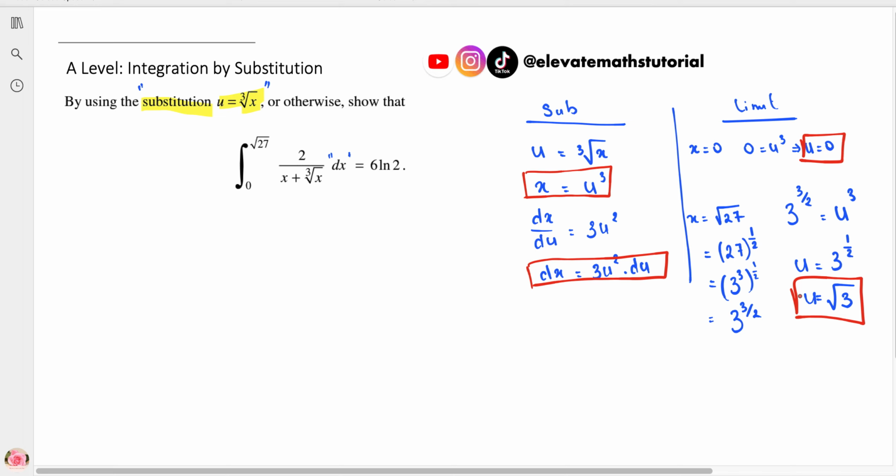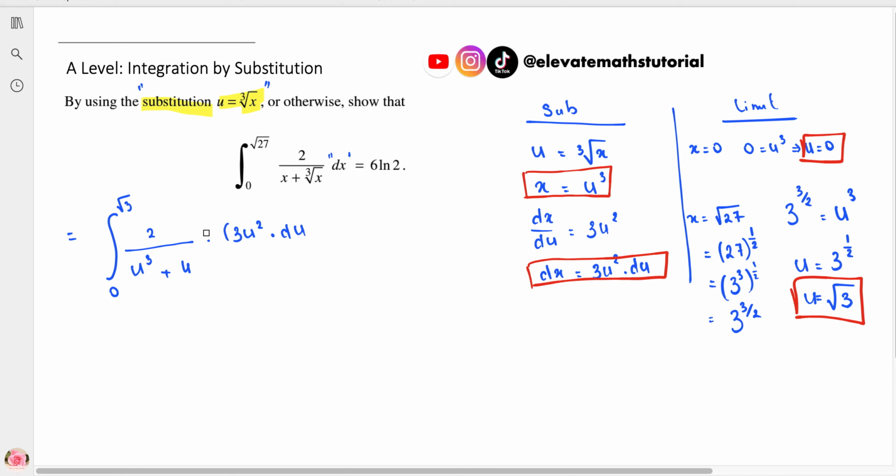So now we've got the substitutions that we need and we've converted the limits. Let's integrate it. The integral here then becomes, the limits are 0 to root 3, 2 over, so x would become u cubed, plus cube root of x is going to be cube root of u cubed, that's just u, and then dx will become 3u squared du.